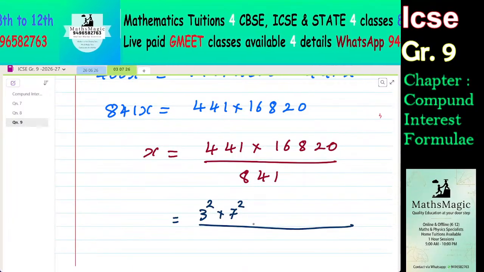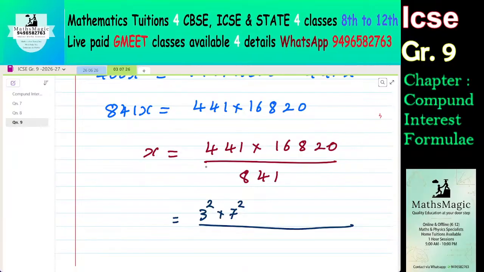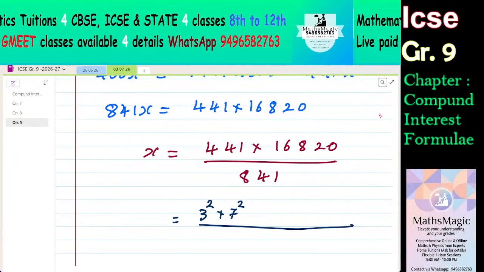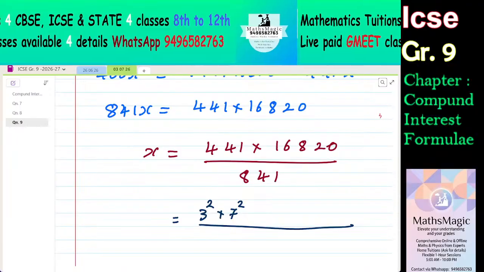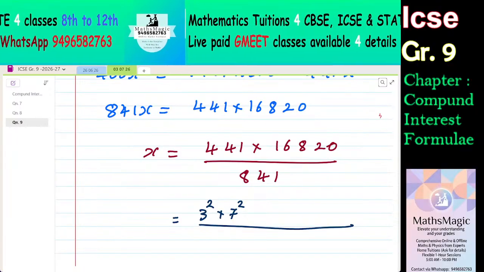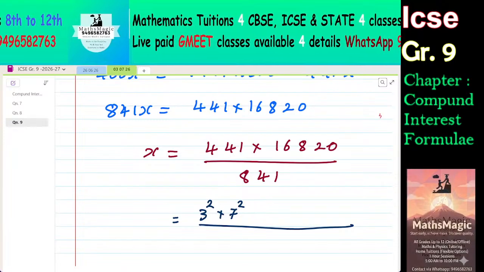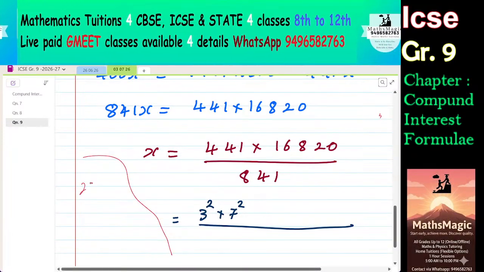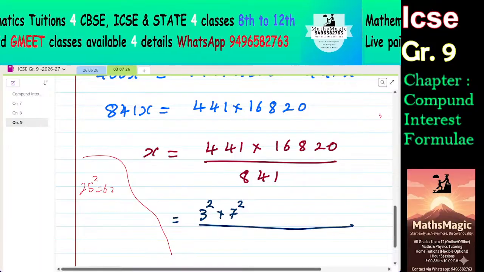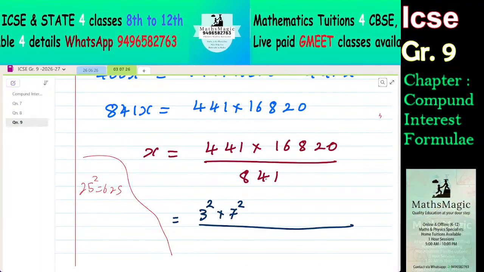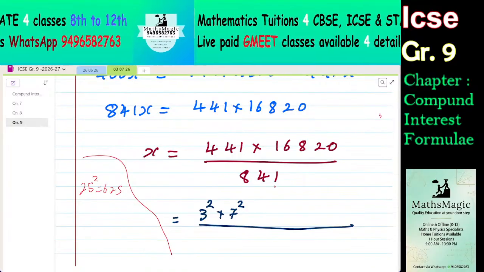See, 20 square is 400 and 21 square is 441, so it should be greater than 21. 25 square is 625, so it should be greater than that also. And use this technique: we have 25 square as 625 and the number should end with 1.